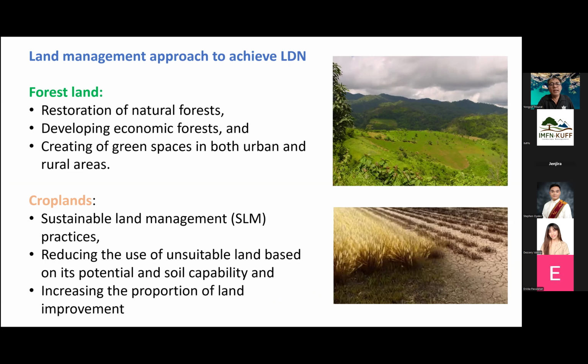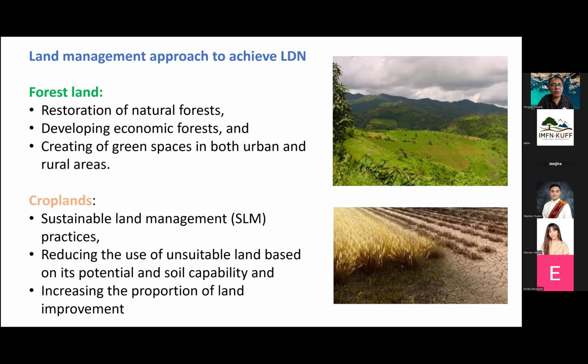The UNCCD also proposed land management practices to improve or rehabilitate degraded land, both in forest land and cropland. For forest land, they have three main measures.